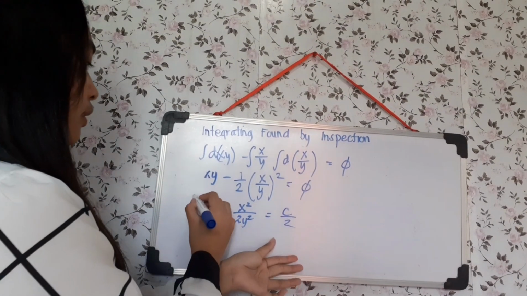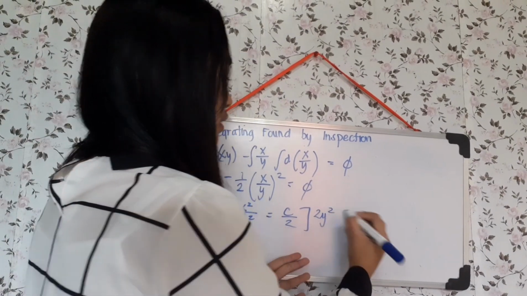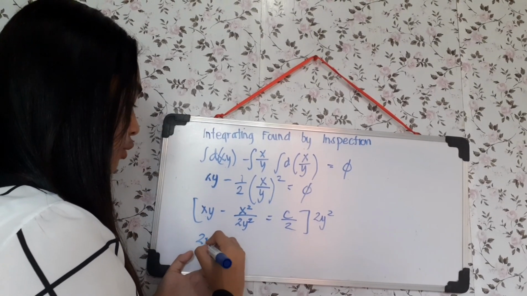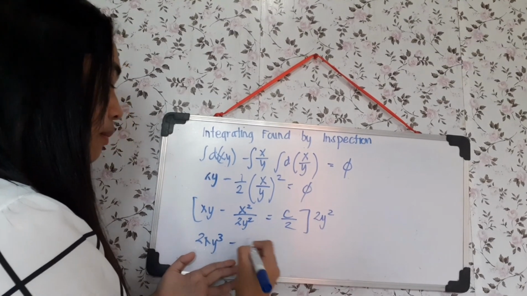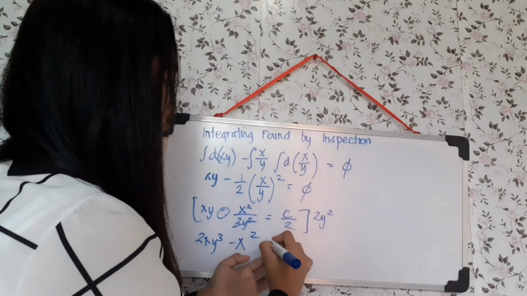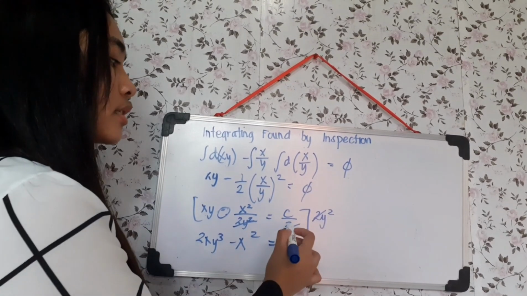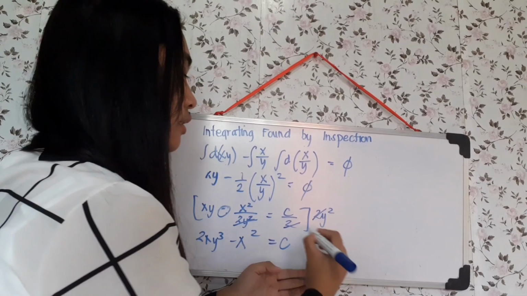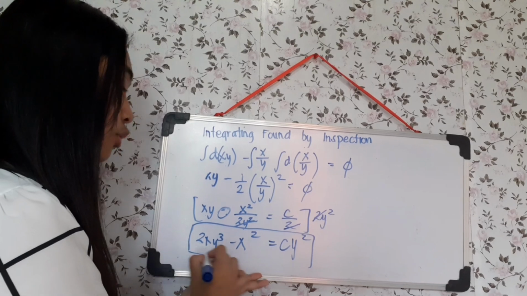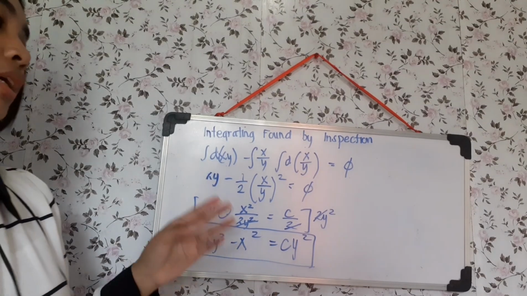Then to have cancellation, we need to multiply it by 2y squared. So 2y squared times xy is equal to 2xy cubed, minus x squared, equal to cy squared, cancelling the 2. So here is the final answer: 2xy cubed minus x squared is equal to cy squared.